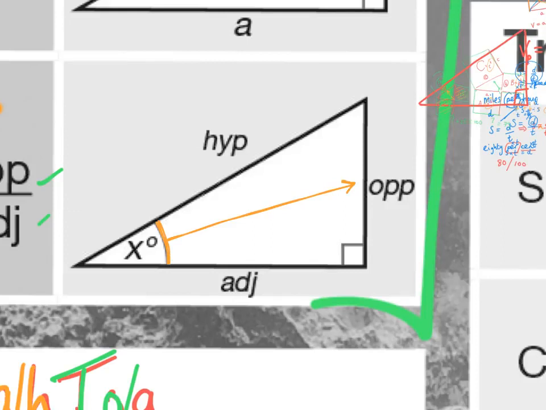It's looking right opposite. And if you know that the longest side, the hypotenuse, is always opposite the right angle, then you know that ADJ, or adjacent, is the only one that's left. So that's one way of remembering SOH CAH TOA, or sine, cosine and tangent.